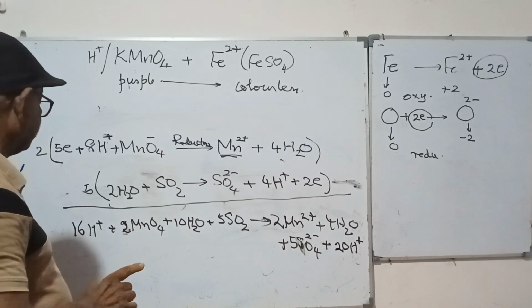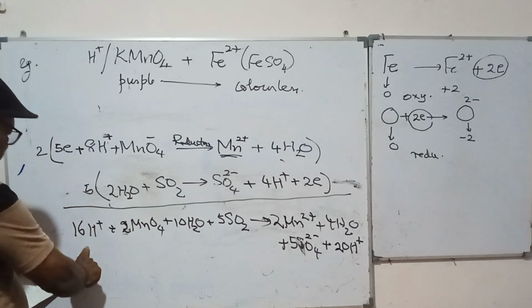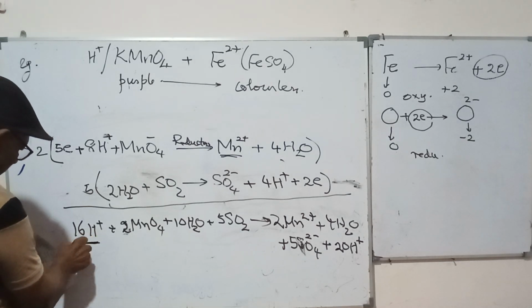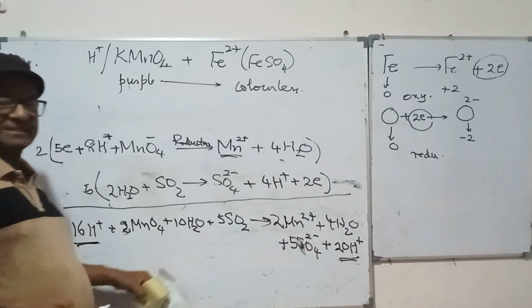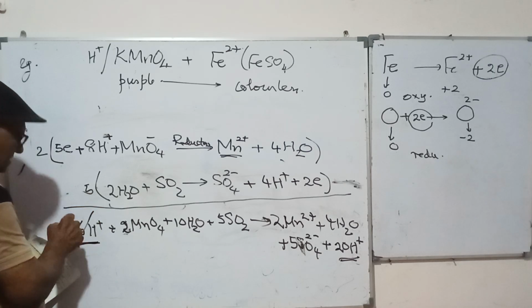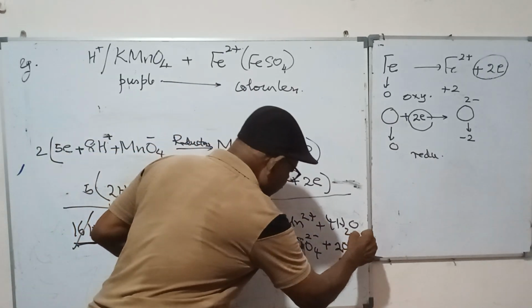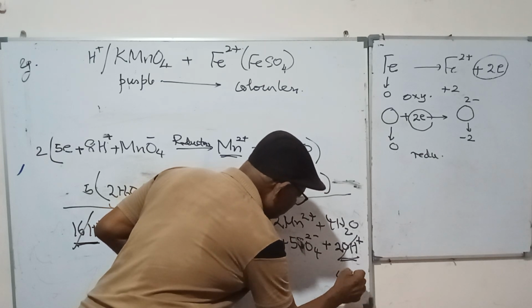Then after that, what should be done? 16 plus on one side, 20 plus on the other. 16 cancelling with 16, remaining 4 plus.